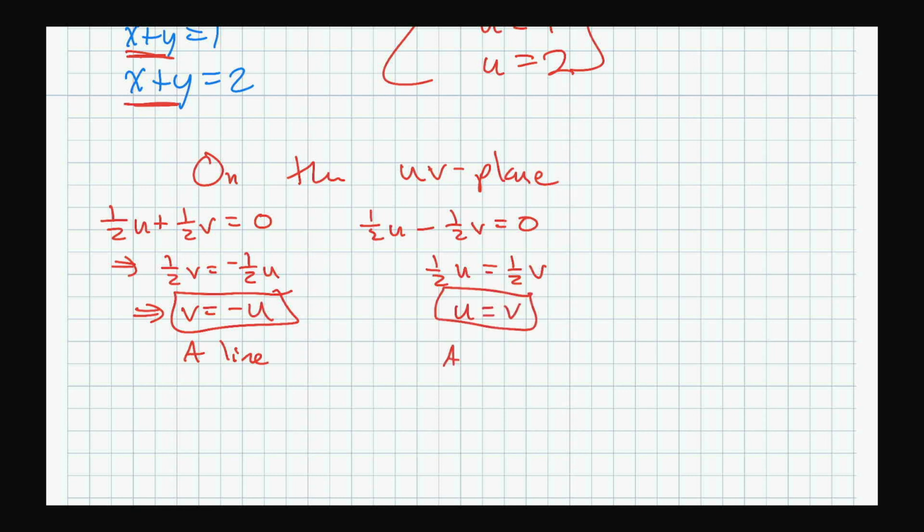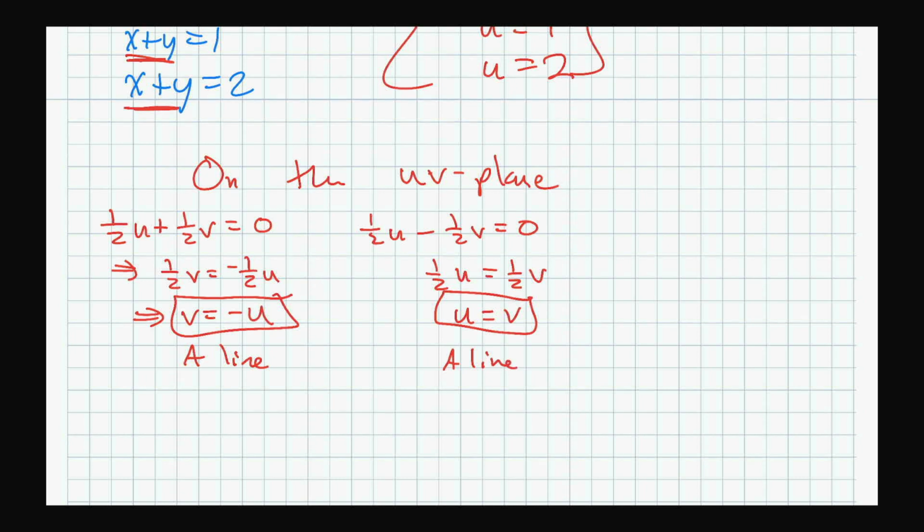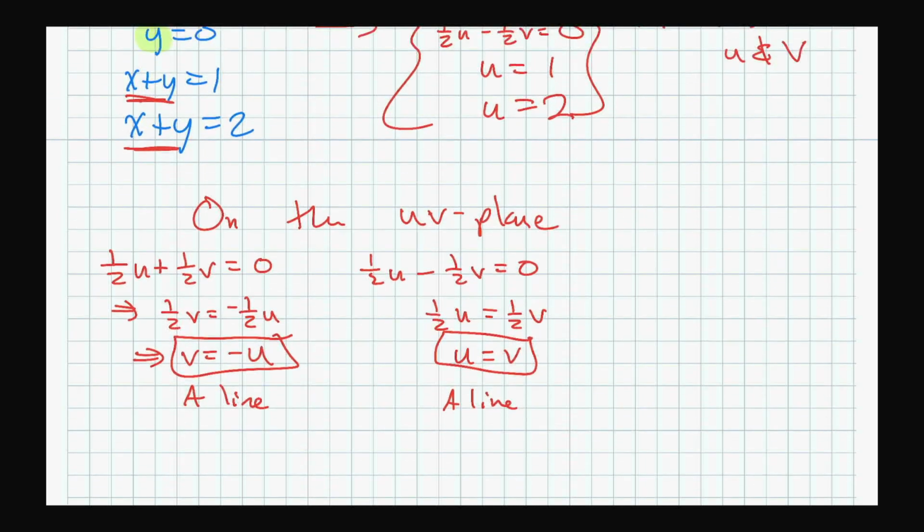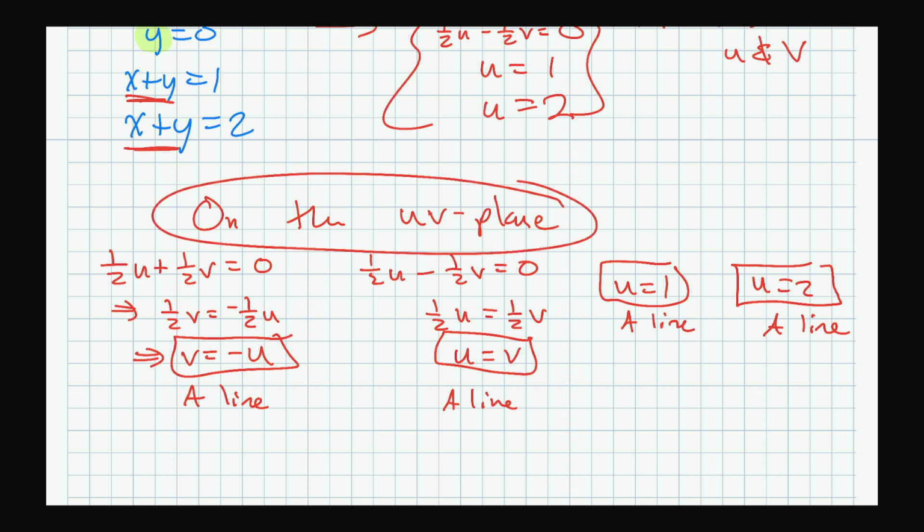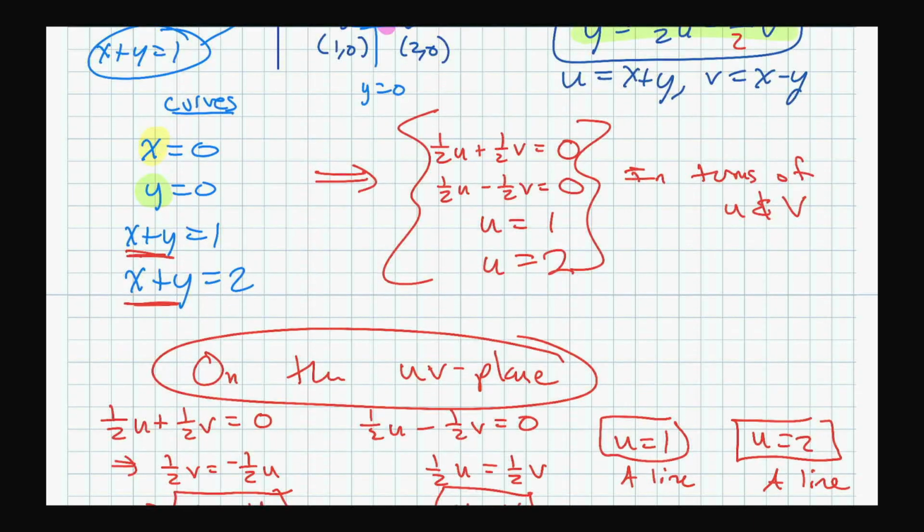That's also a line. You have u equals 1. That's a line. And then you have u equals 2. That's also a line.